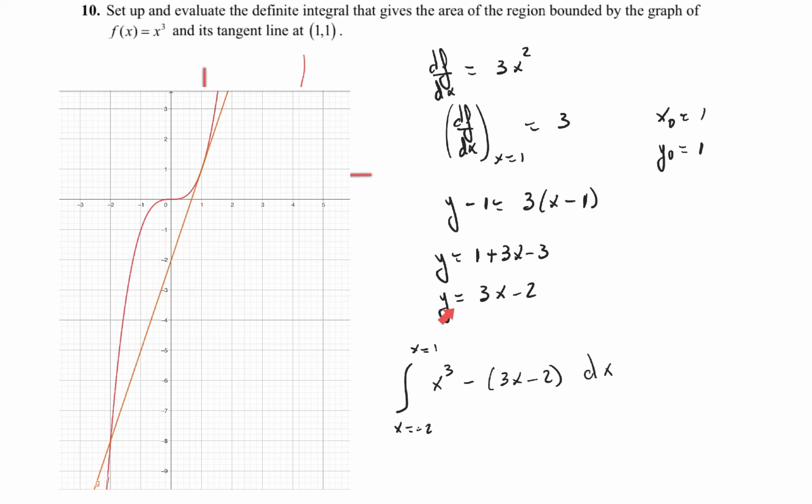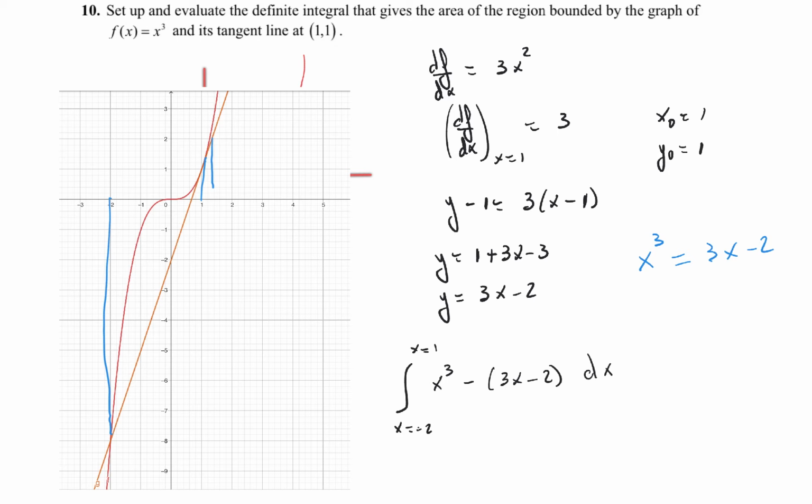So y of x is the bottom graph, the bottom curve. So I will do the upper curve minus the bottom curve between x equal minus 2 to x equal 1. X equal 1 is here. And x equal minus 2 is the point of intersection of the graph x cubed with the graph 3x minus 2.